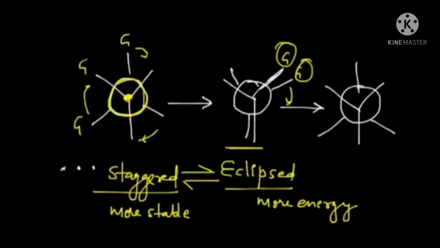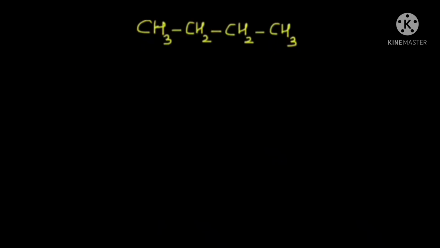Okay, but there is more to conformations than just stating staggered and eclipsed. Let's see with an example of normal butane. Normal butane has 4 carbon atoms and it is represented by this formula. So the first thing that I am going to do is draw the Newman projection of normal butane.